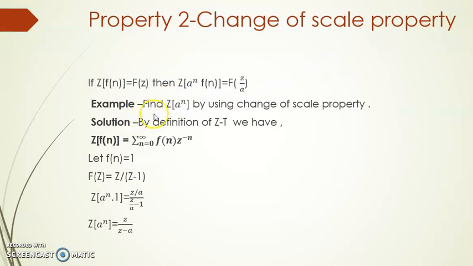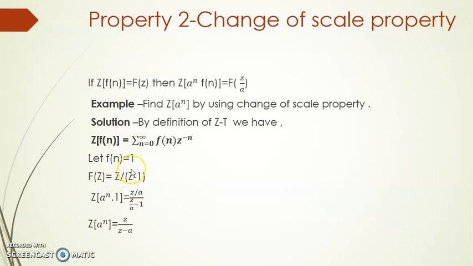See here an example: find Z-transform of a power n by using the change of scale property. By definition of Z-transform, we have Z-transform of f of n equal to summation n equal to 0 to infinity f of n z power minus n. Let the sequence be f of n equal to 1, and by definition we find F of z equal to z upon z minus 1.